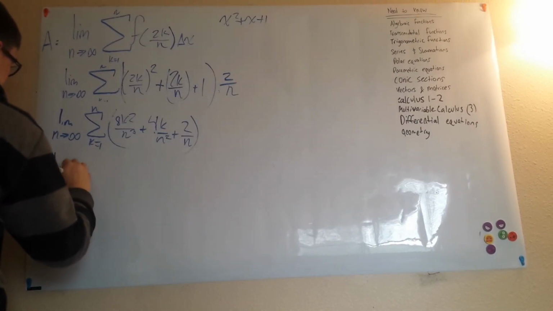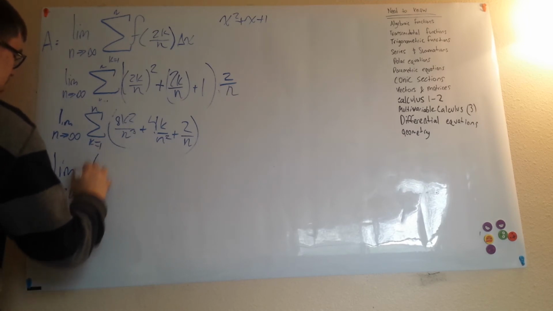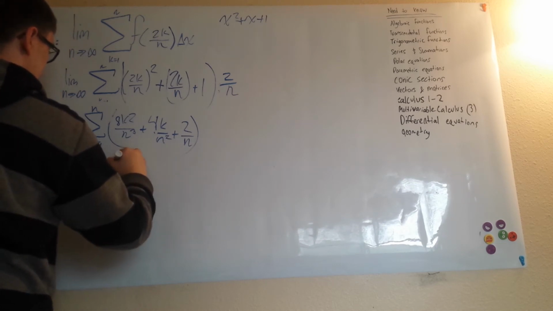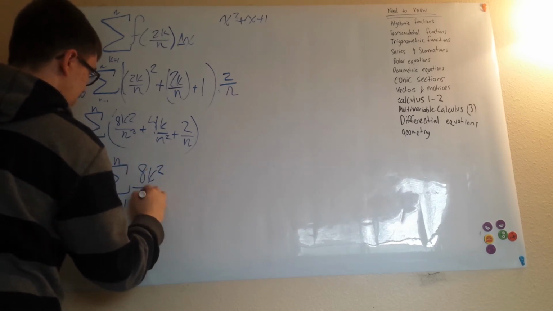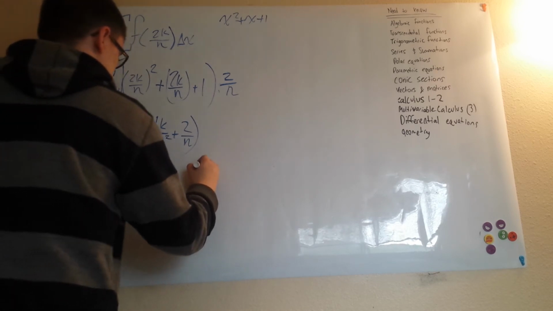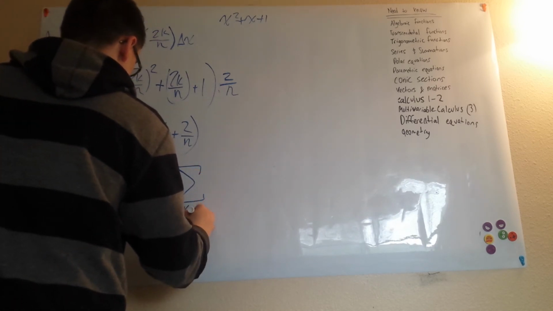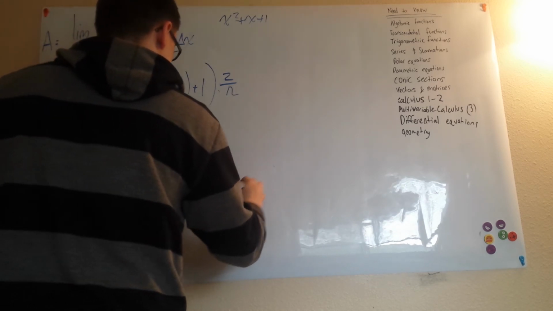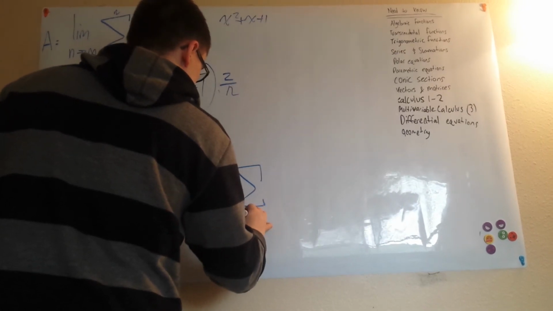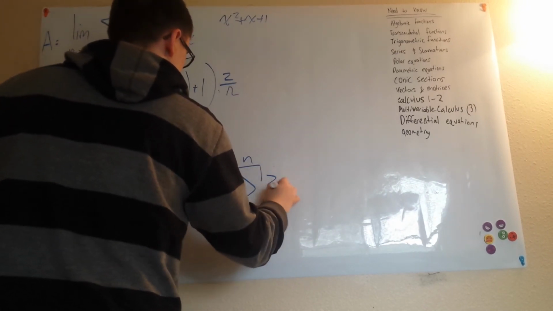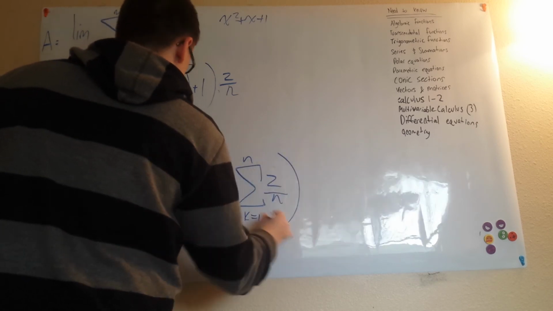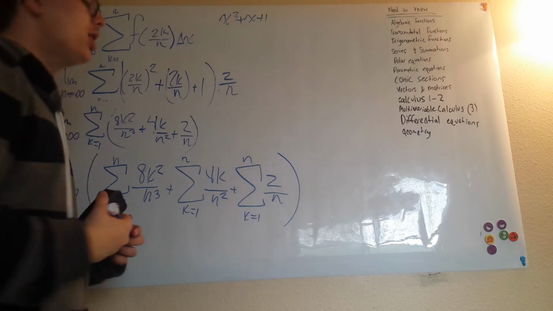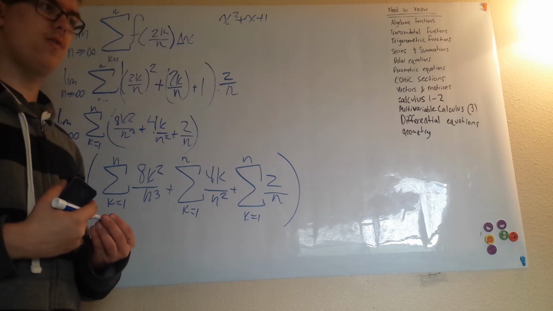So you're going to have to find the limit as n approaches infinity of the summation from k equals 1 to n of 8k squared over n to the third, plus the summation from k equals 1 to n of 4k over n squared, plus the summation from k equals 1 to n of 2 over n. So you're going to have to evaluate each of these individually.